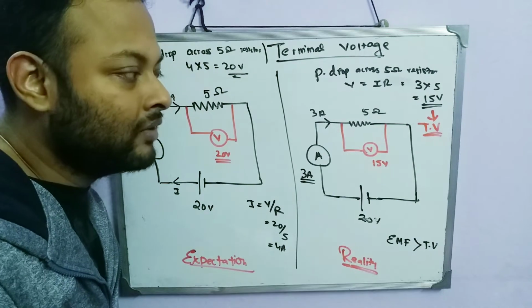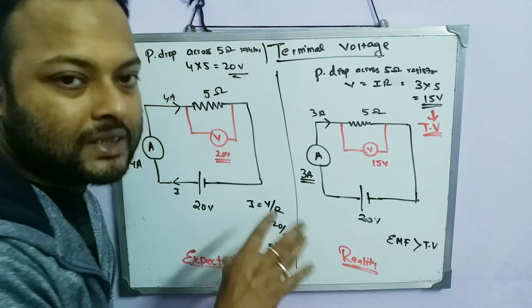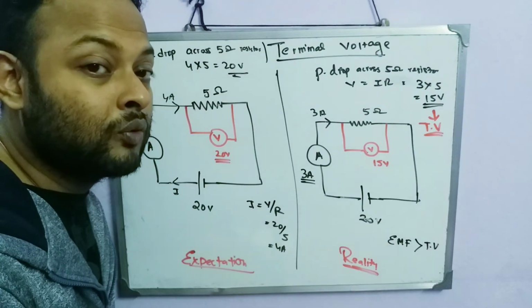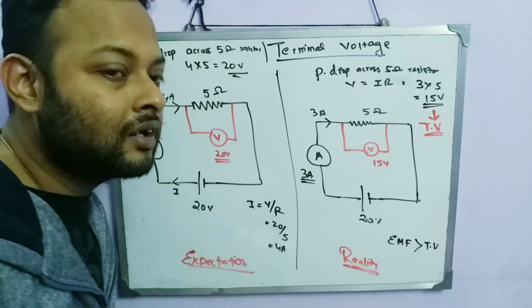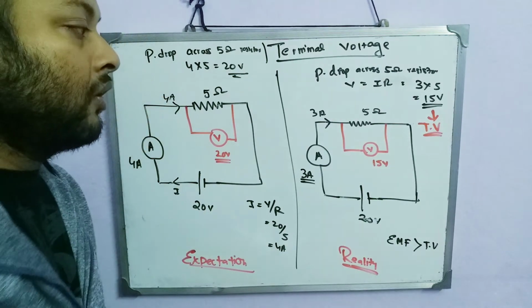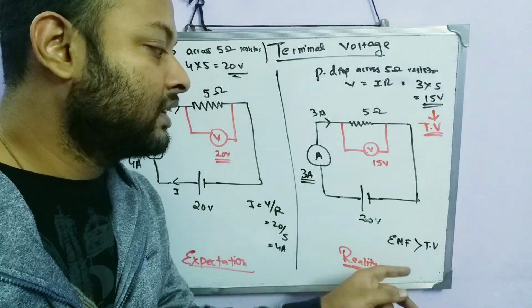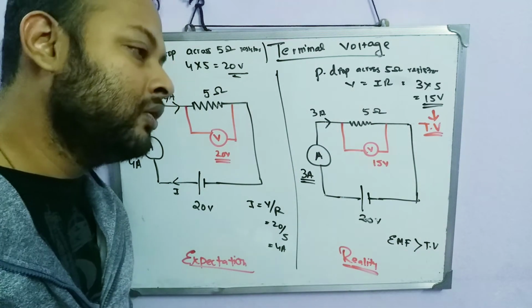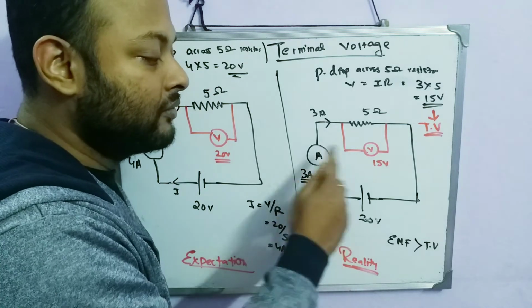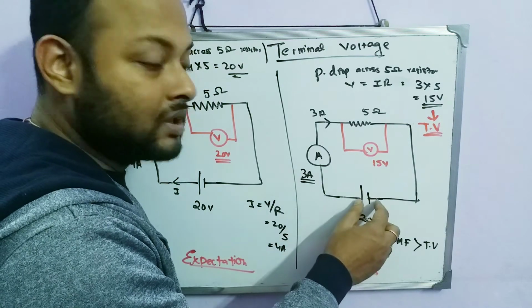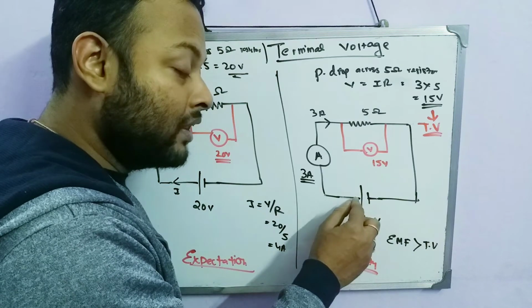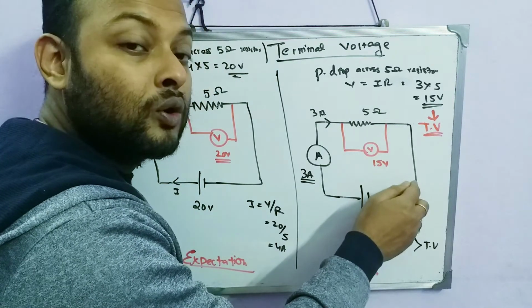Now you must be having a question: why is this gap happening? We will discuss that in the next video about internal resistance. So the voltage in the external circuit is called the terminal voltage, or you can say the potential difference across the cell when the circuit is closed.